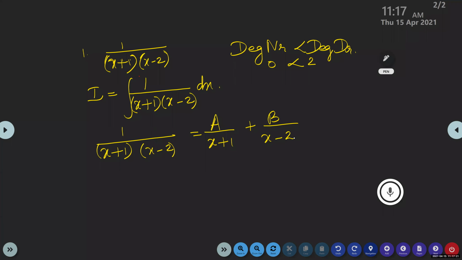Two linear factors are there. The given rational function equals a by the first factor plus b by the second factor, where a and b are constants. We have to find the constants a and b. Up to this, is it okay?